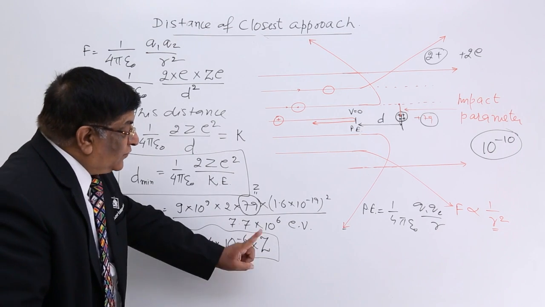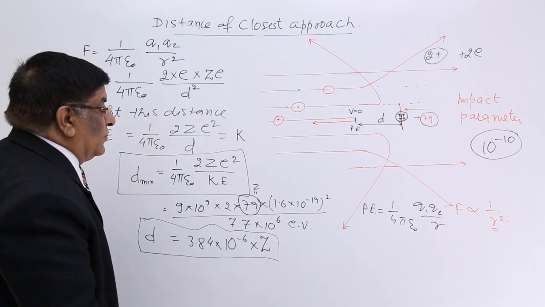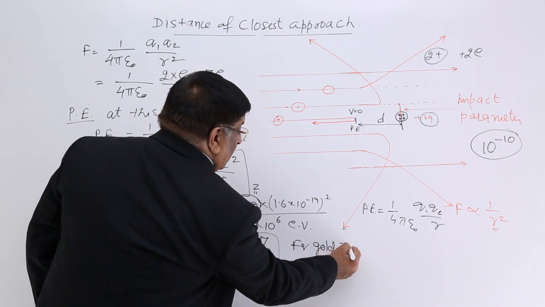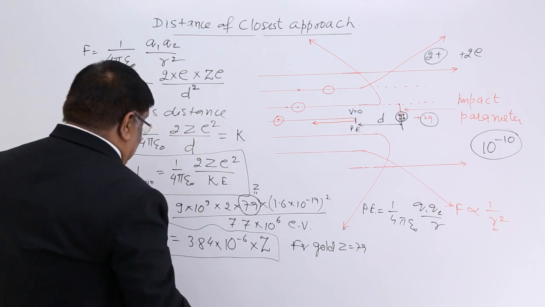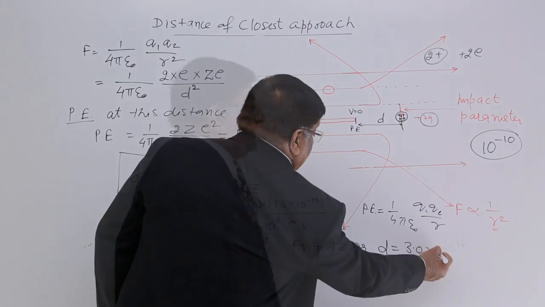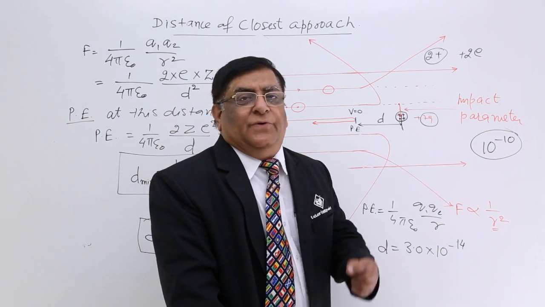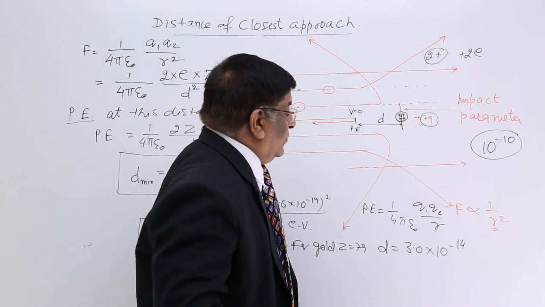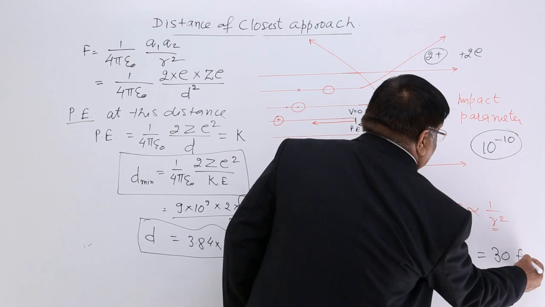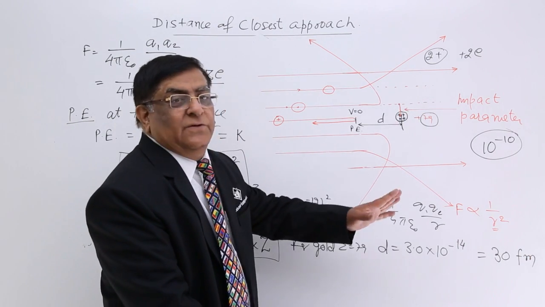Now we have used gold, so we will put Z equal to 79. So for gold Z is equal to 79, and this d comes to be 3 into 10 to the power minus 14. Now 10 to the power minus 15, we give it the name Fermi. So this we can write as 30 Fermi, femtometer or Fermi.